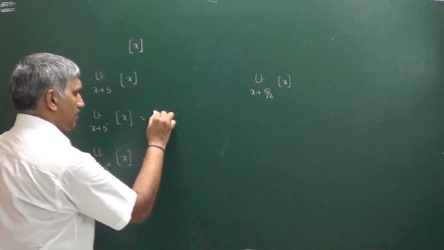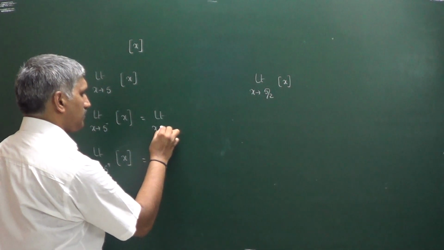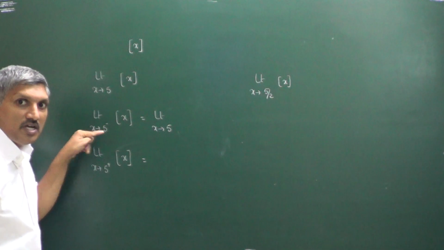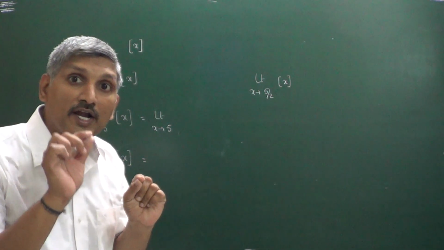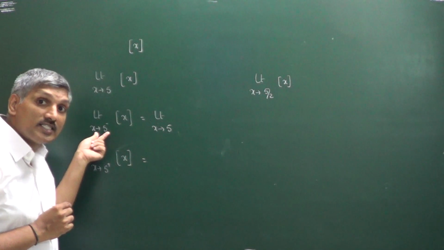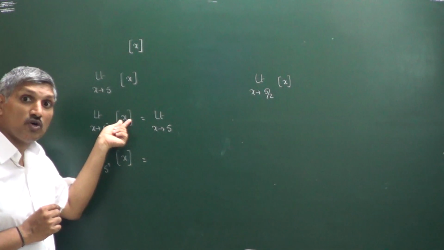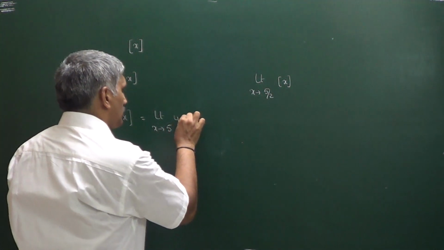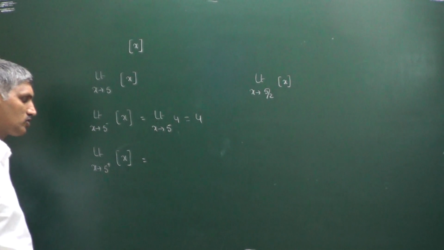Now here limit x tends to 5. Come on, tell me. 5 minus means less than 5. Less than 5 means 4.999. So when x value is equal to 4.999, integral part becomes 4. That's why this value of the limit is equal to 4.